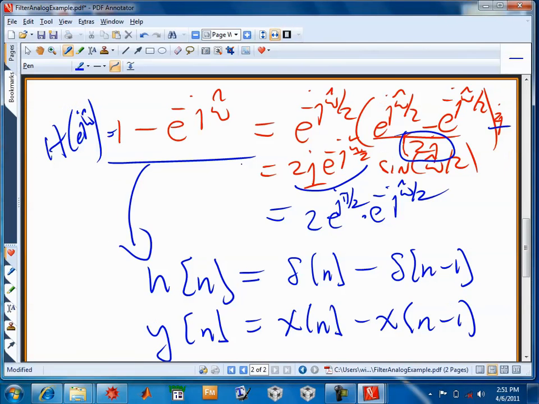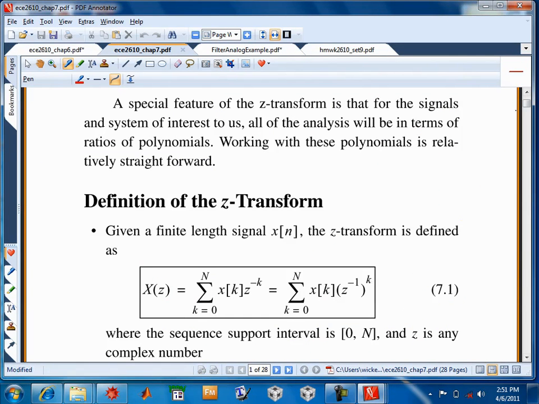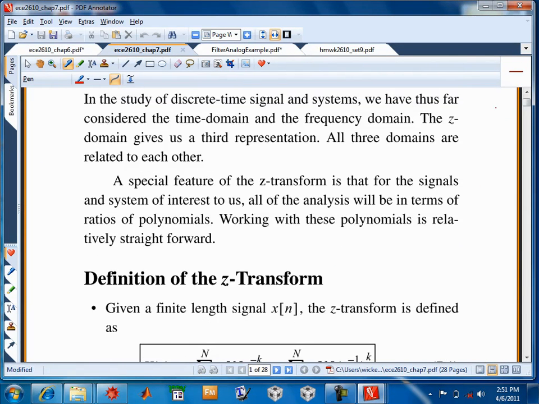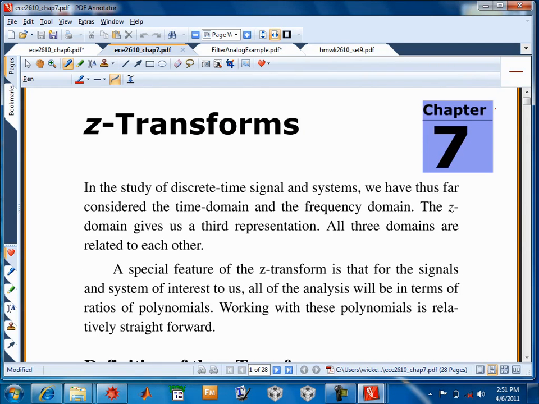Well, briefly, since we're basically out of time, I wanted to introduce, I guess this tells me the quiz won't have any simple Z transform on it on Friday, but that's okay. The Z transform takes us into the third domain, so to speak. We've been working in the time domain. That's where we have the convolution sum and all our sequences.